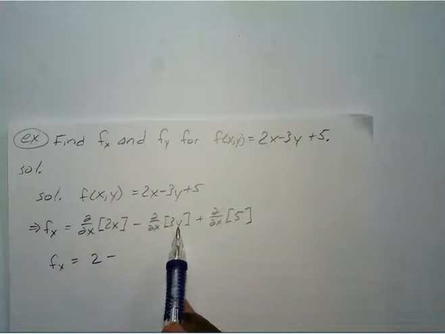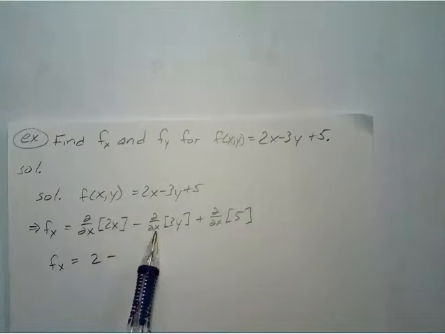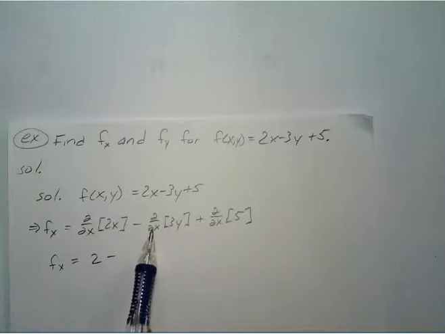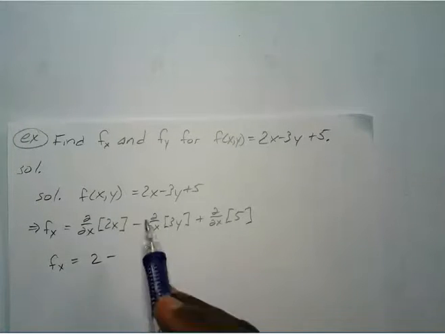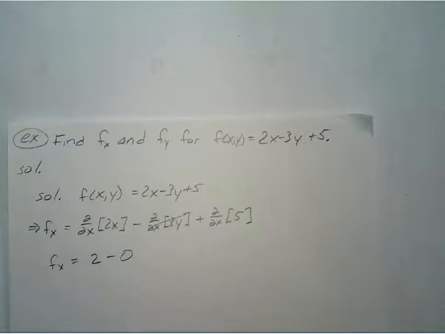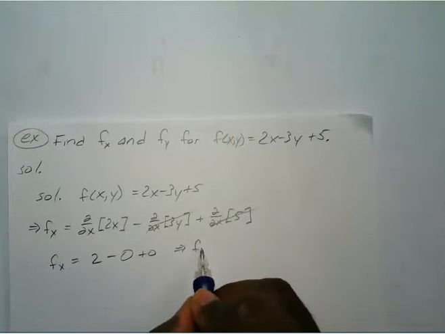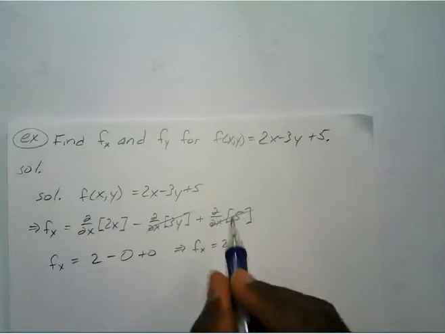You have a 3 and a y. Because it's the derivative with respect to x, both the 3 and the y are seen as constants. Okay, so the derivative of a constant is just 0. So that disappears. Same thing here. The derivative of a constant is just 0, so that disappears. So we know our partial with respect to x is equal to 2.